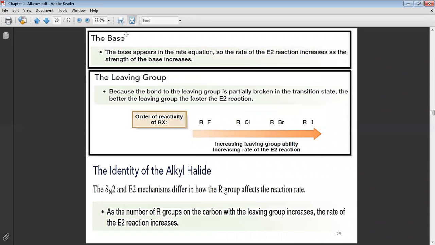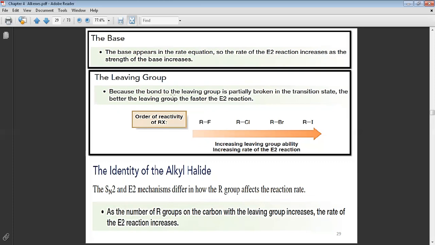And the base appears in the rate equation. That means the base can affect the rate of the reaction. If you have a strong base, your reaction will be fast. If you have a weak base, the reaction will be slow. So the rate of the E2 reaction increases as the strength of the base increases.